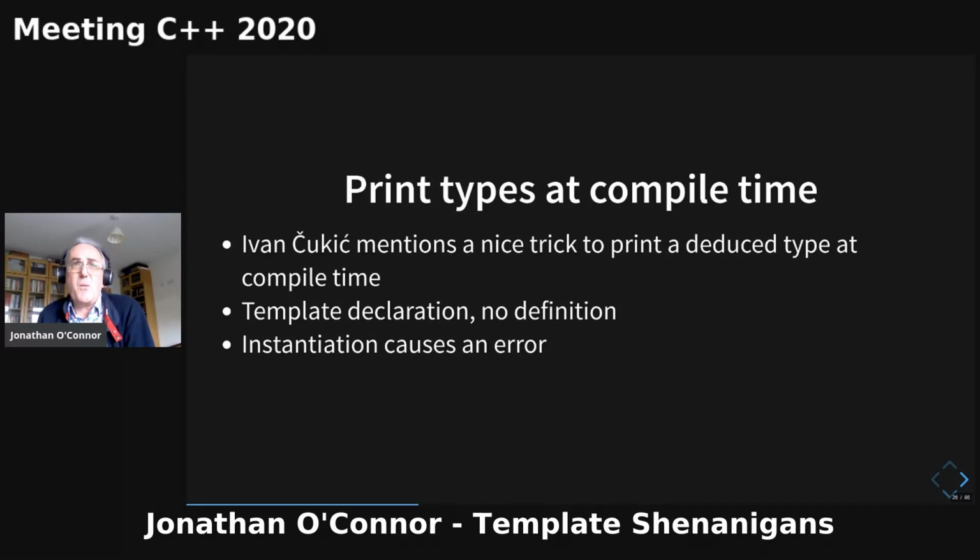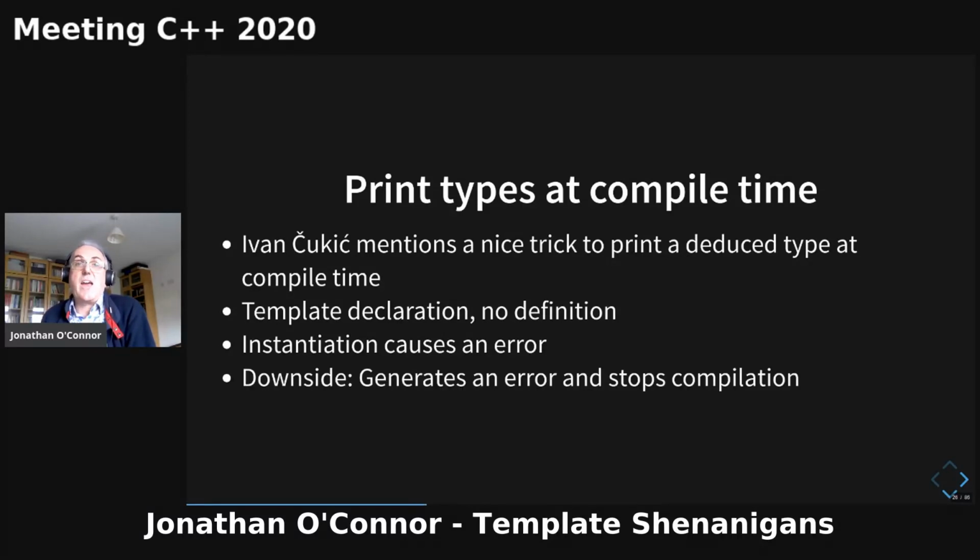He has a template struct declaration, but he doesn't give any definition. So he has no implementation for it. And when you instantiate such a beast, it causes an error, and in the error message, you'll see the type that caused it. Now, the downside is that it generates an error and it stops compilation, and it's much of a muchness.